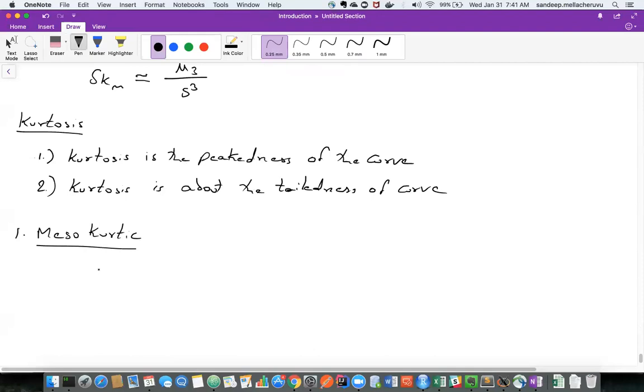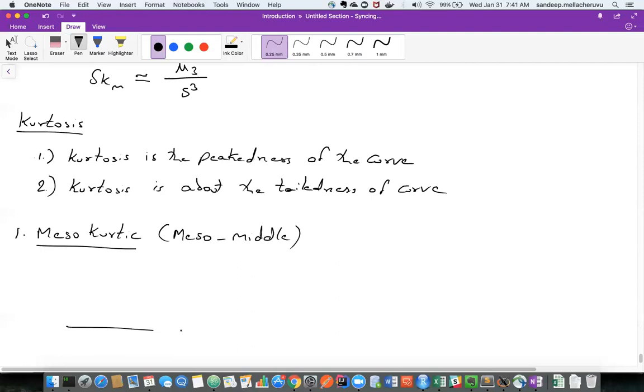Mesokurtic. Meso means middle. I don't know which language it is, it might be Greek most probably.